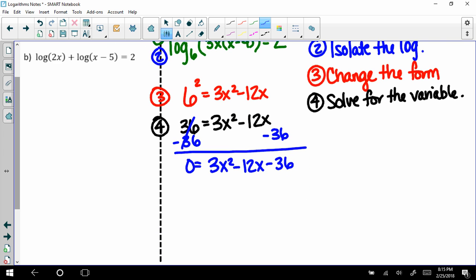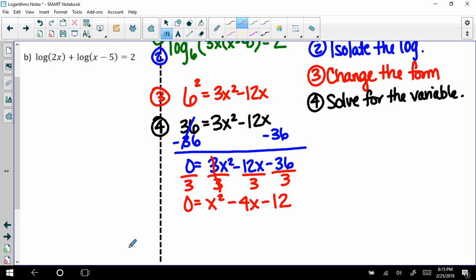Now, just so I can make these numbers smaller, is there something I can divide everything by? Well, yes. I can divide everything by 3. Then you have to do it on the other side as well. Well, 0 divided by 3 is just 0, so that's fine. So that now gives me x squared minus 4x minus 12.